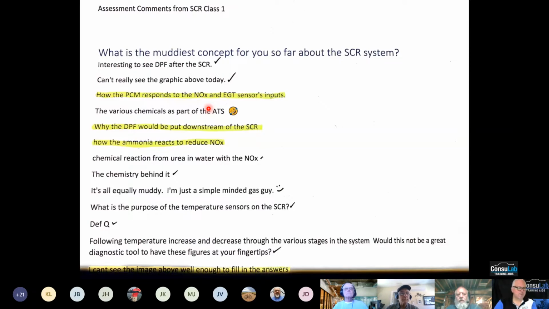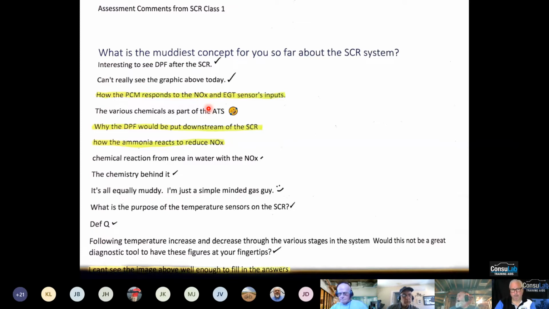So the first question was, what's the muddiest concept for you about the SCR? So you can see I've gone through, I've read all of them, I've highlighted some comments. You know, I put a smiley face, had a smile myself. It's all equal, buddy. I'm just a simple-minded gas guy. Well, we're all here to learn, right?